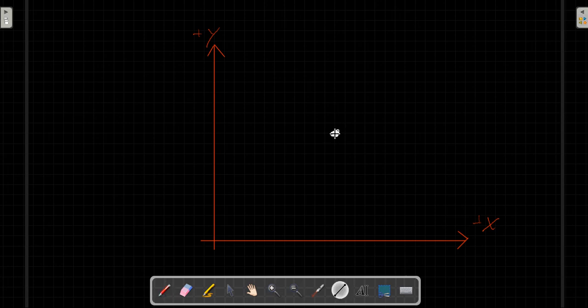We will have an upward force, a leftward force, and a downward force of 3. And we'll have a force over at an angle, let's say, like this.